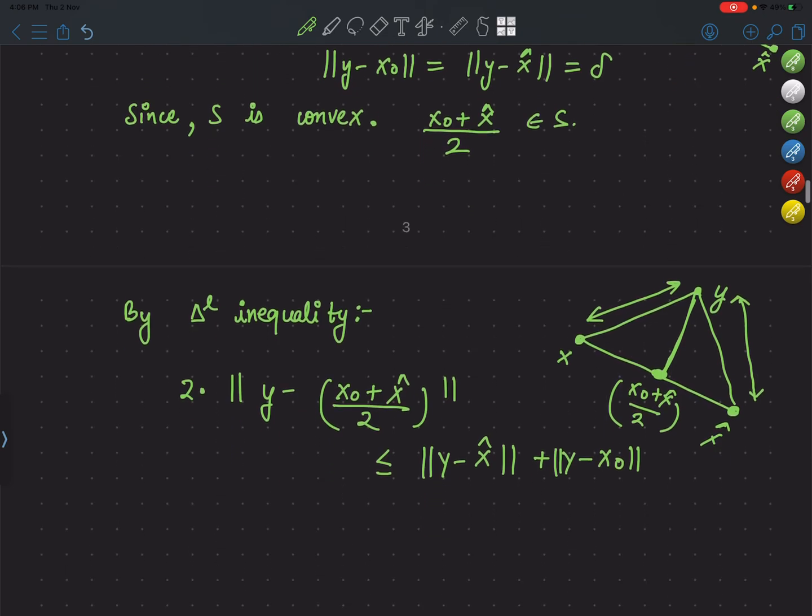Now, if this inequality is true, and this will be 2 delta, correct? So this is 2 delta.